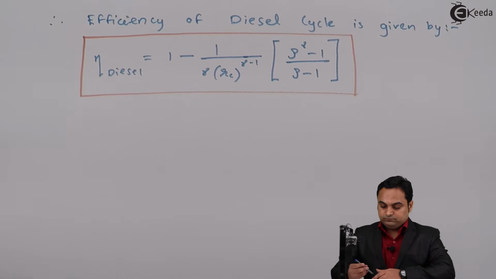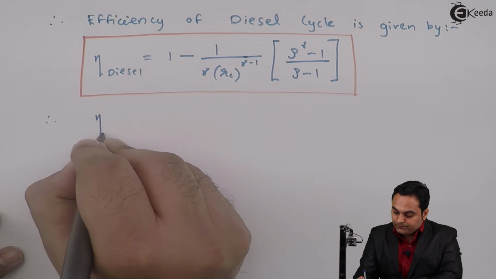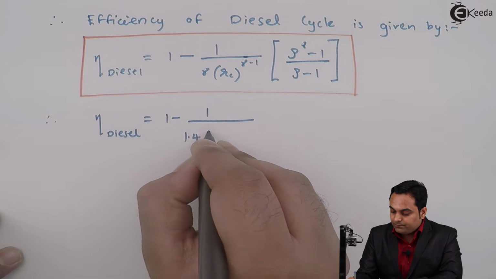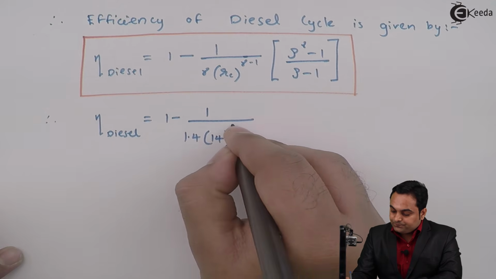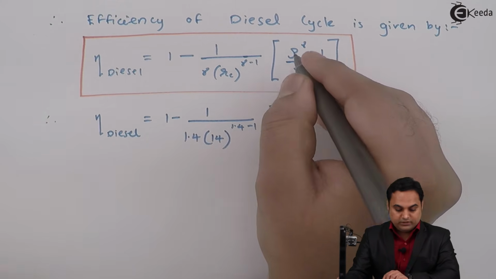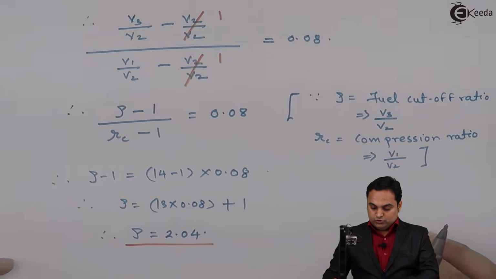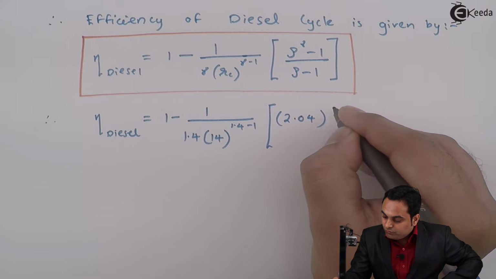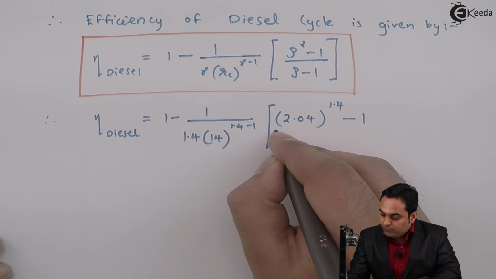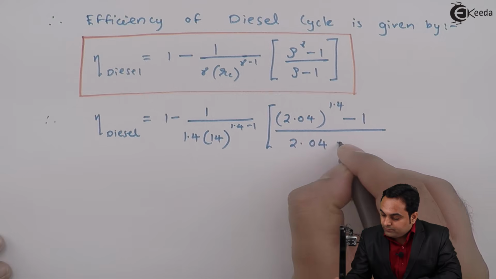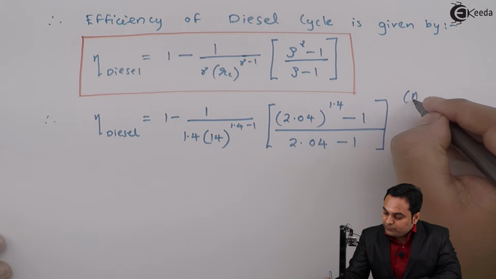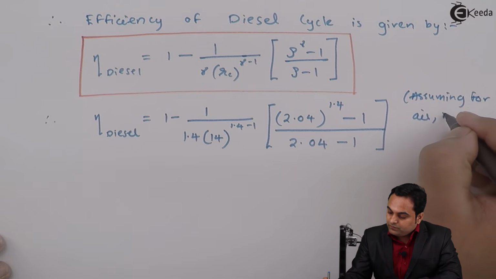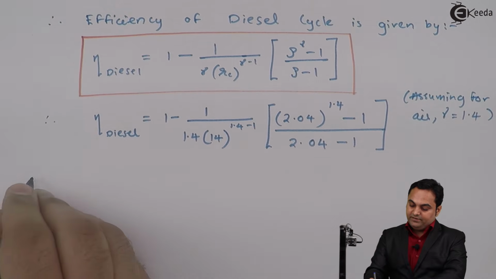So therefore here I'll go on putting the values. 1 minus 1 upon gamma is 1.4, RC is 14. Next, value of rho, it is 2.04. 2.04 raised to 1.4 minus 1 upon 2.04 minus 1. Here assuming for air gamma is equal to 1.4, called as adiabatic index.